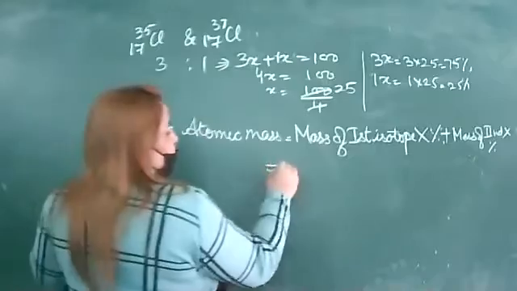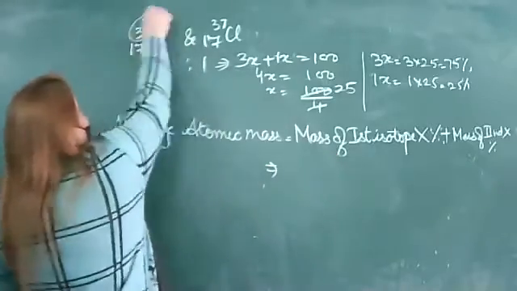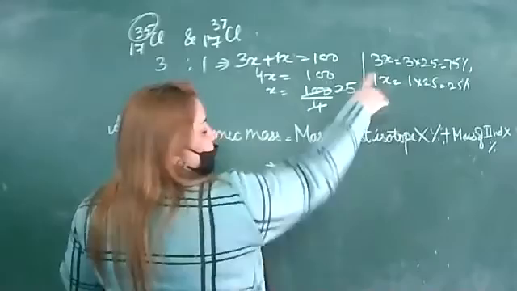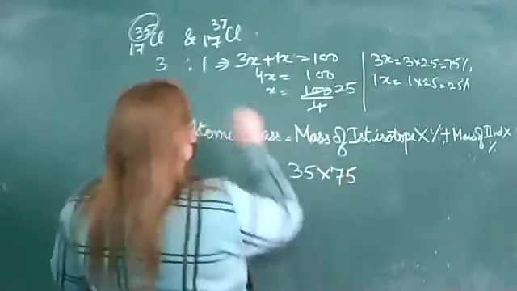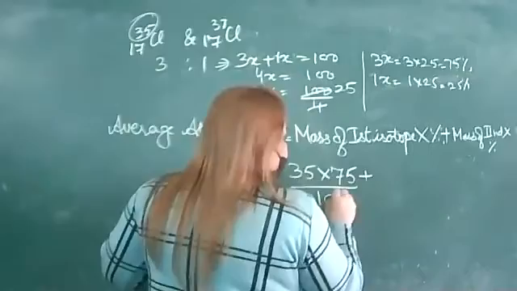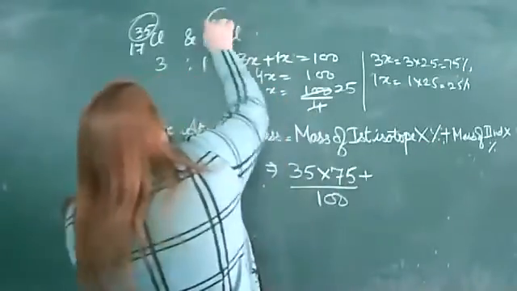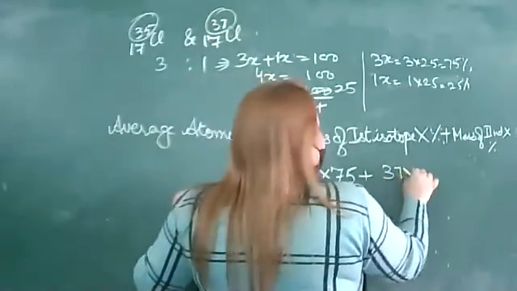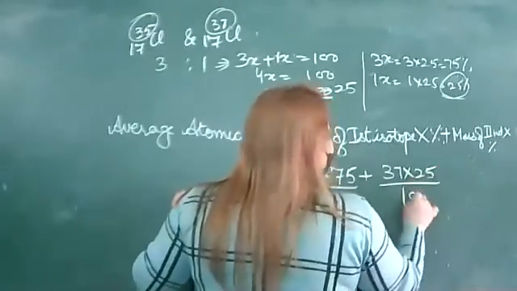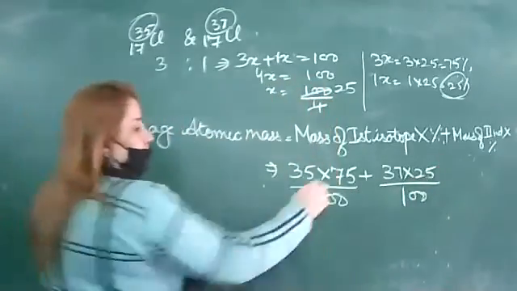Now put it. Mass of first isotope 35 multiplied by percentage 75 divided by 100, second isotope 37 multiplied by percentage 25 divided by 100.